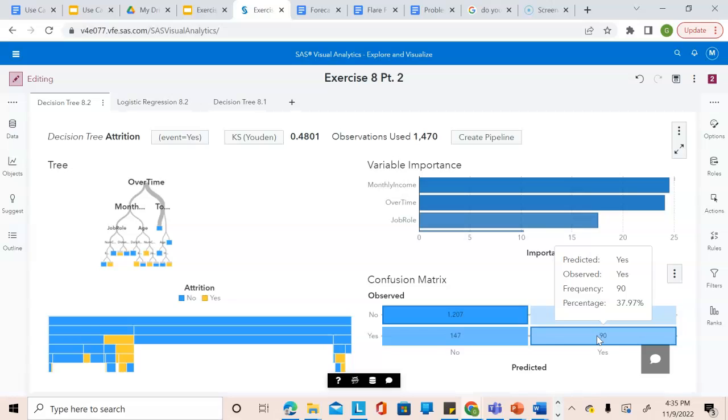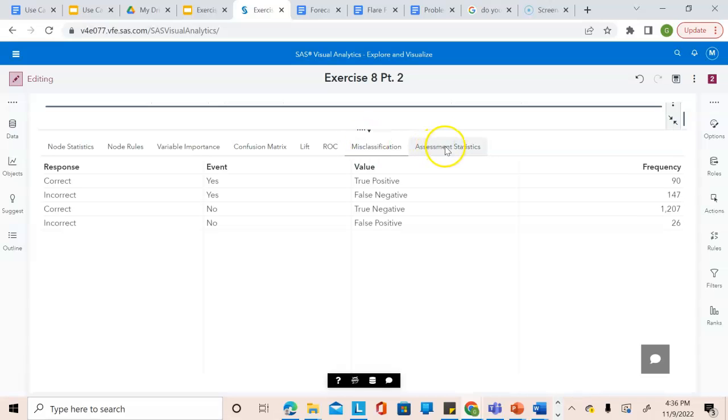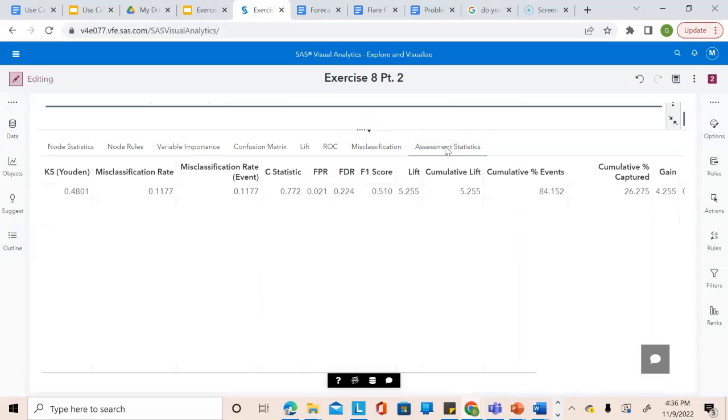We would like it to be over 50, but it's still not terrible. We can also maximize this view to get a little bit more input. Let's see, so usually the cutoff for KS is at 50%, so it is a little bit low, but it's almost there.